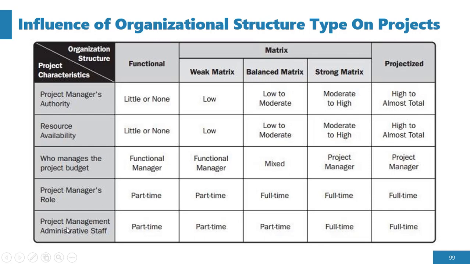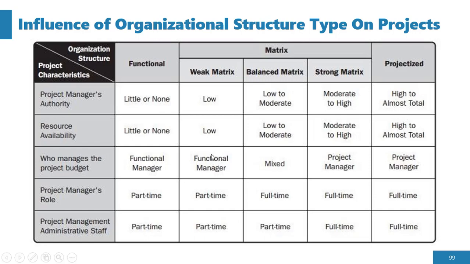All right, so lastly, let's look at the project management administrative staff. That is the project team. Okay, in a functional organization, they are also part-time, for the duration of that particular project. They could be sourced from in-house, from within that organization, or they could be sourced from outside. You understand that now? So they are part-time as long as the project exists.